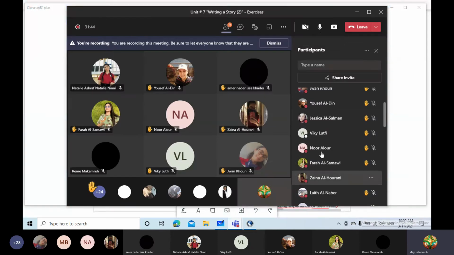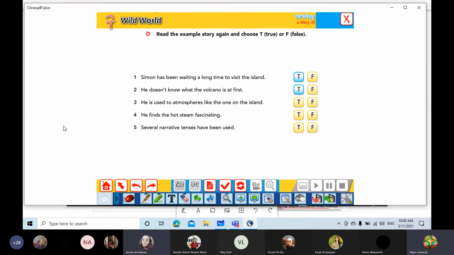Number three, and I'll have Jessica in here. Jessica? Yes, teacher. He is used to atmospheres like the one on the island. True. Okay, look at this sentence. He is used to atmospheres like that, or like the one on the island. The meaning of the sentence here, Jessica, is he is used to. So does he know or did he live these atmospheres before? No, teacher.